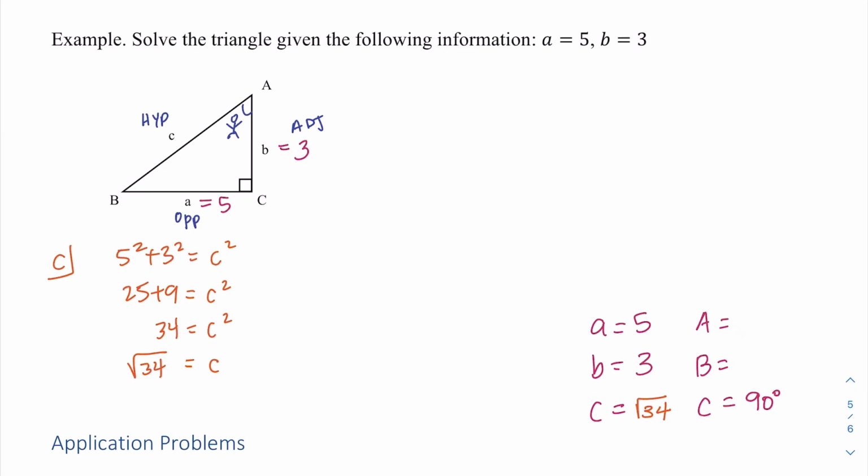So what do I need? Opposite and adjacent. If I write out my SOHCAHTOA, I don't want to skip that part. The tangent function relates my opposite and adjacent sides. So tan of A is opposite over adjacent, or 5 over 3.